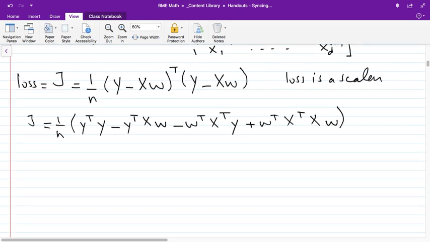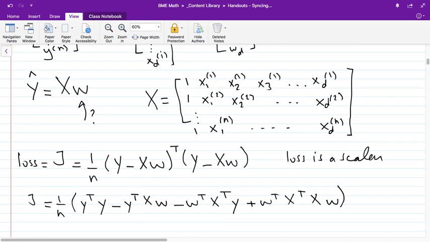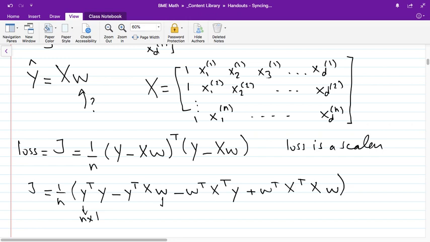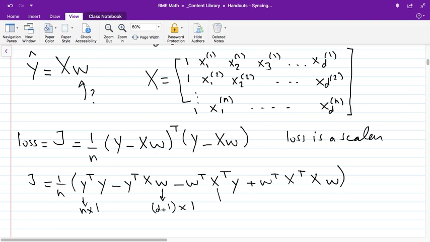What are the sizes of these things? They're given up here. So y is n by 1. W is d plus 1 by 1. And x, let me find an x that's on the right.